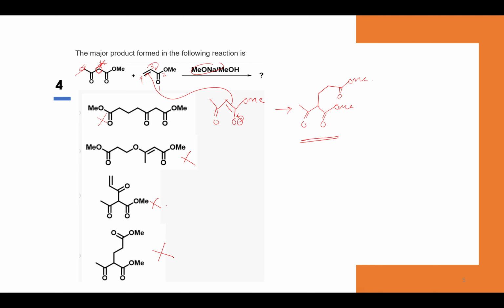After getting this O-silyl ether, this enol will attack on the aldehyde. Here we have benzaldehyde. We have discussed this type of mechanism in a previous class. It will attack on the carbonyl center and it will give you a product.